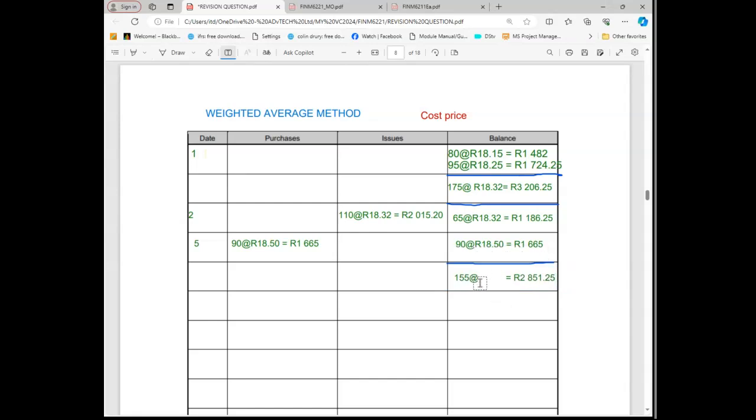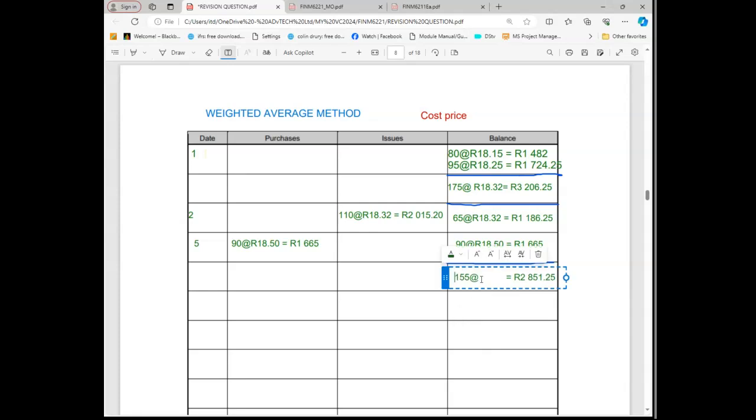Yes. Now we can find the average. How can we find the average now? We take the amount divided by the units. Take the amount and divide by units. This amount, how much is the amount? 2,851.25, divided by 155.